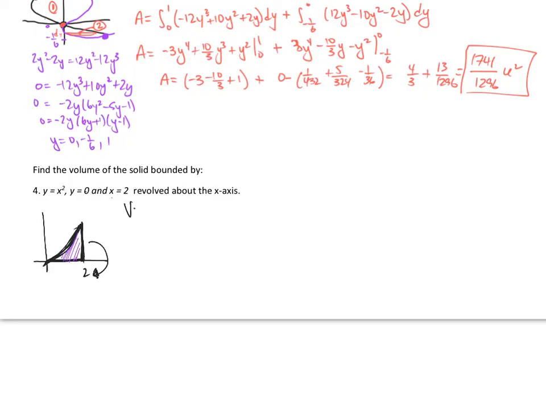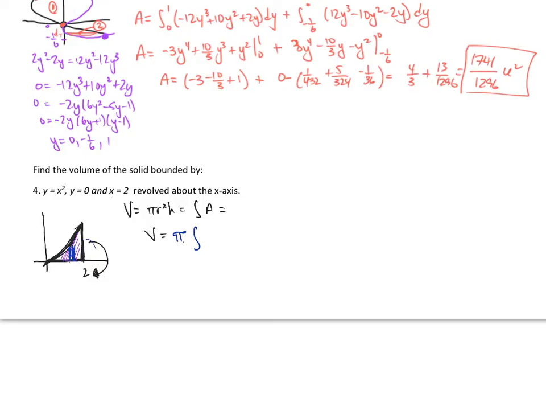Well, remember, the volume is pi r squared h, which is the same as saying the integral of the area, so you could find the area and integrate that. That's just another way. And in this case, it's going to be equal to pi times the integral. Now we're rotating it this way.